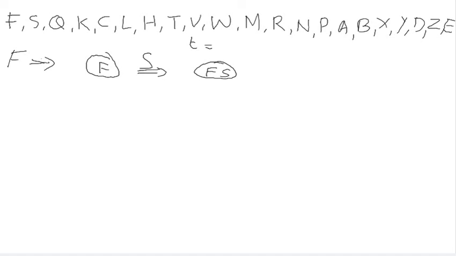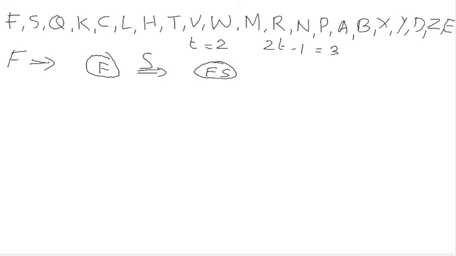What is t? That is the minimum degree of this B tree. So t is equal to 2, which means you can have a maximum of 2t minus 1, that is 3 keys in one node, which means it can have 4 children nodes.